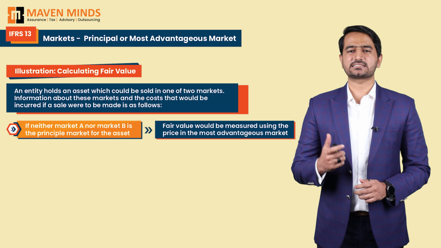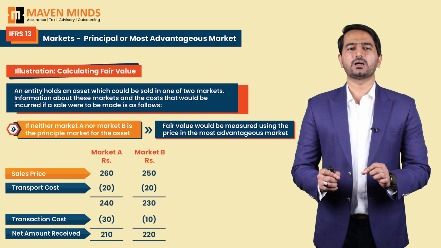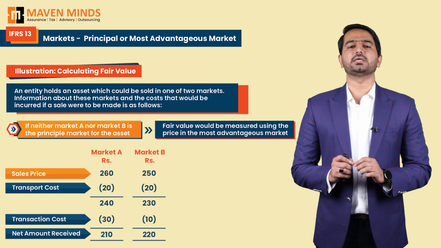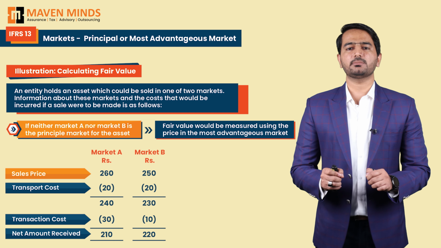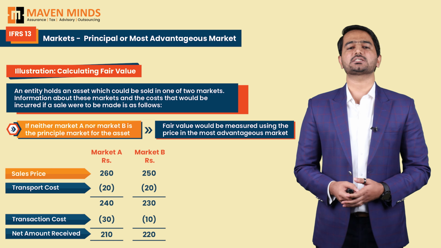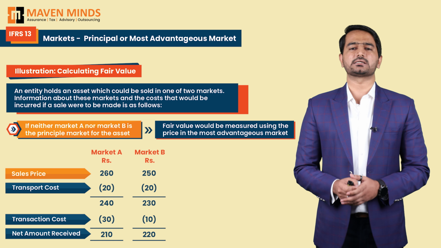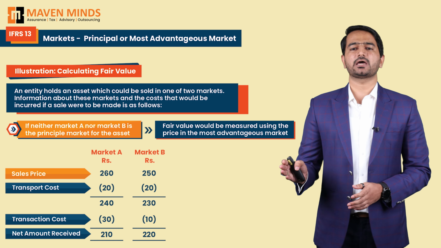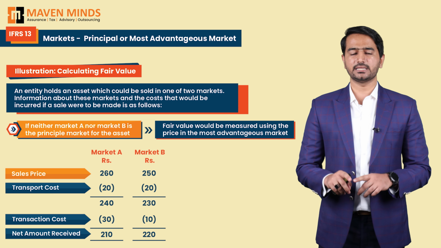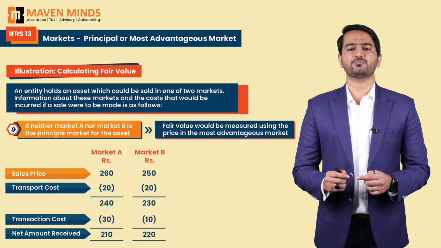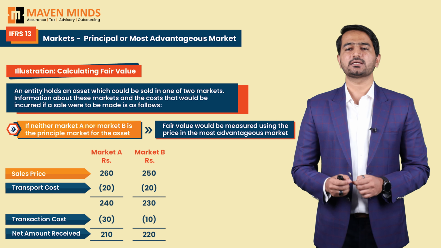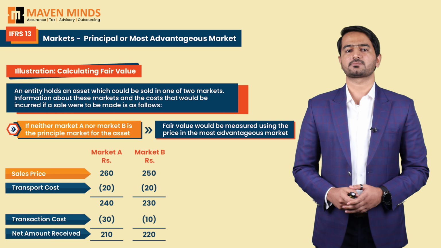Therefore, in our example, the most advantageous market is market B, because the net amount that would be received for the asset would be $220, that is, sale price of $250 minus transportation cost of $20 and minus transaction cost of $10.